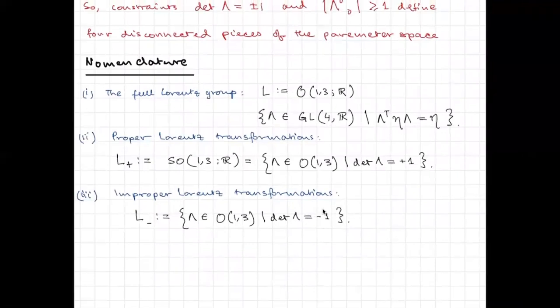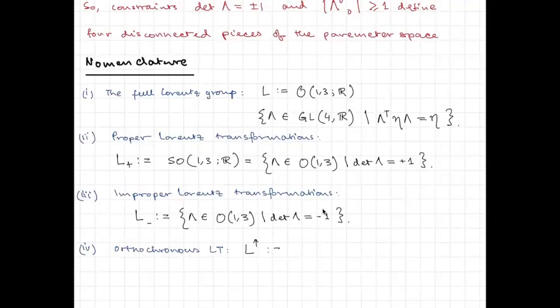And then there is going to be something called the orthochronous Lorentz transformations and the non-orthochronous Lorentz transformations. Let's write those down. Orthochronous Lorentz transformations are given by a sign upstairs, so L with an upward arrow.